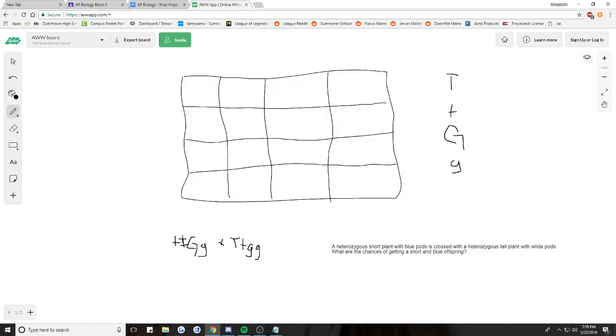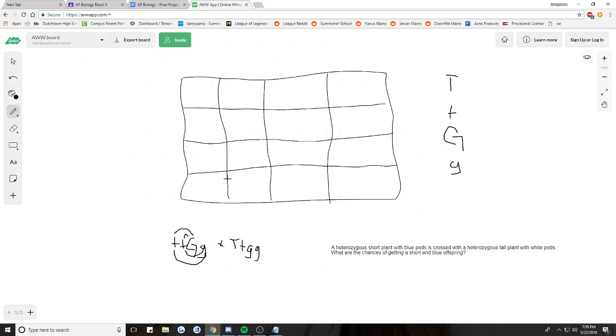Move on to the next t, foil it to the capital G, and then go back to the lowercase g. And this is basically how you fill out your dihybrid cross.